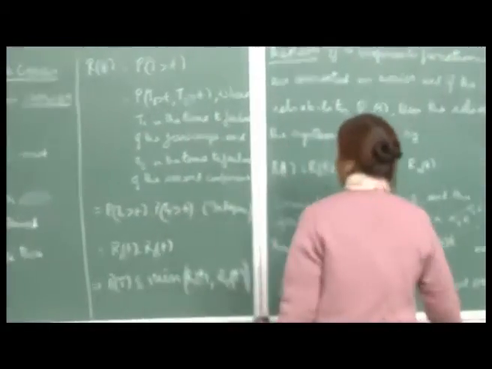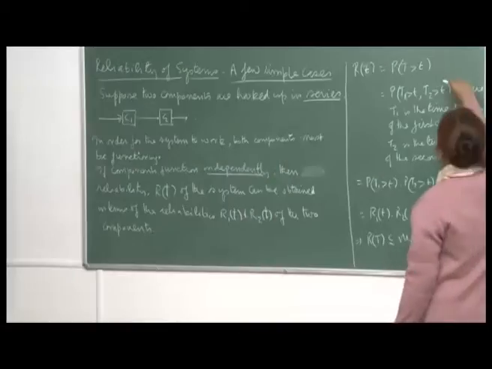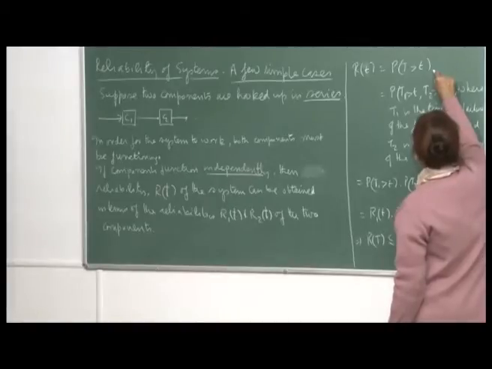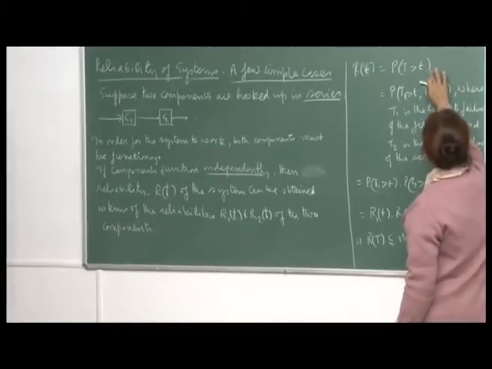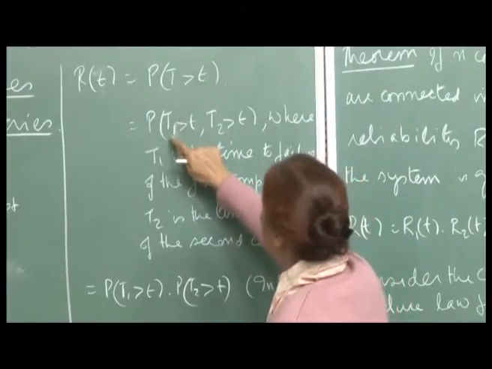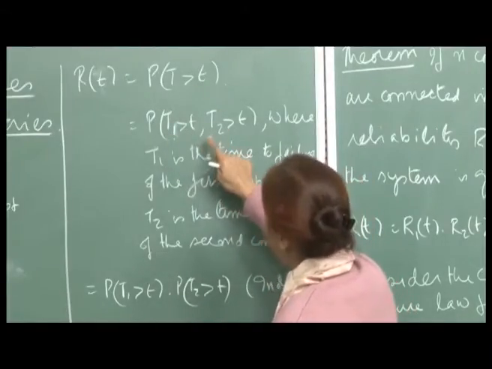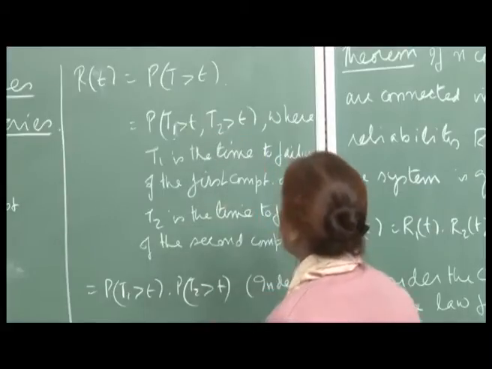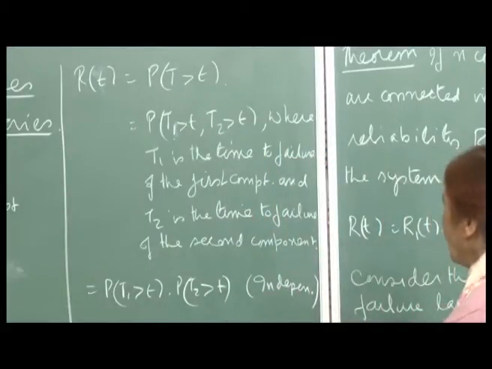We have already done it so many times. Here you are asking for the probability that T is greater than t. T1 is the lifetime of the first component and T2 is the lifetime of the second component. Then we are asking for the probability that T1 is greater than t and T2 is greater than t; both must be functioning up to time t.